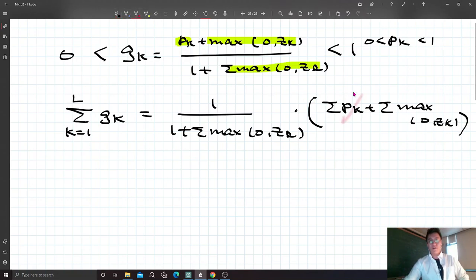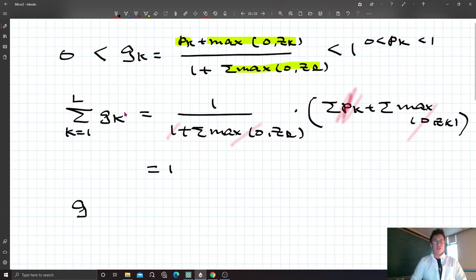And this is 1. Yeah? That's the way we normalized. So these two are cancelled, and we have a summation of maximum. Yeah? So the numerator and denominator are equal to each other. So the summation of g sub k is going to be 1.